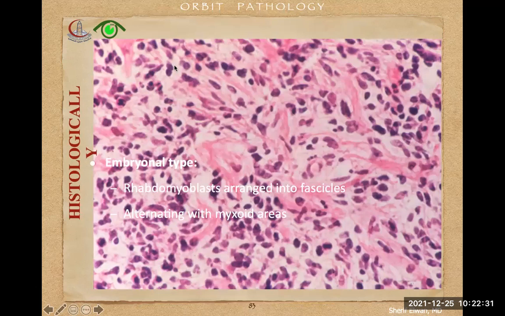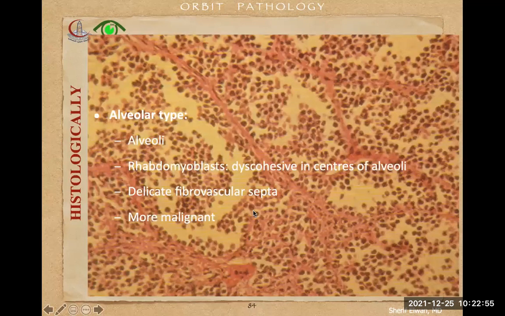The embryonal type is composed of fascicles, that means bundles of rhabdomyoblasts of malignant nature, alternating with myxoid tissue. So this is the myxoid tissue taking the stain, and these are the fascicles of malignant myoblasts or rhabdomyoblasts.